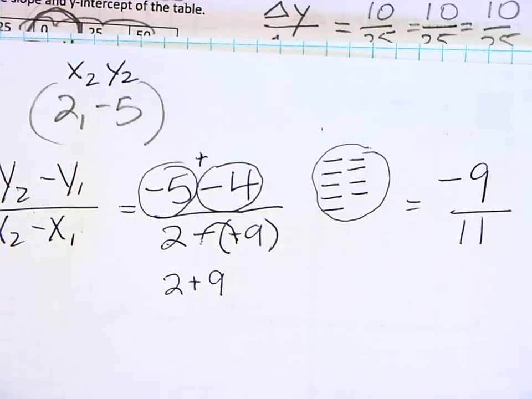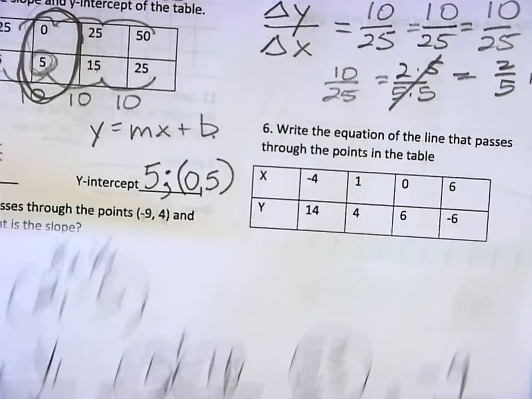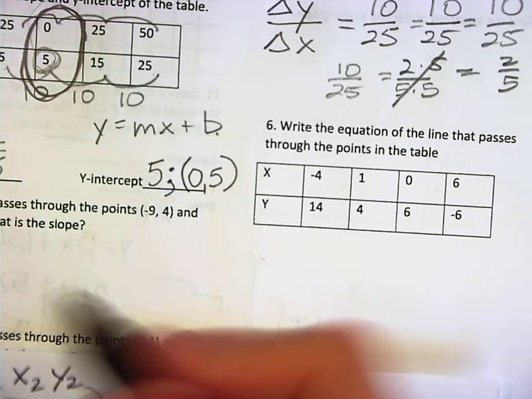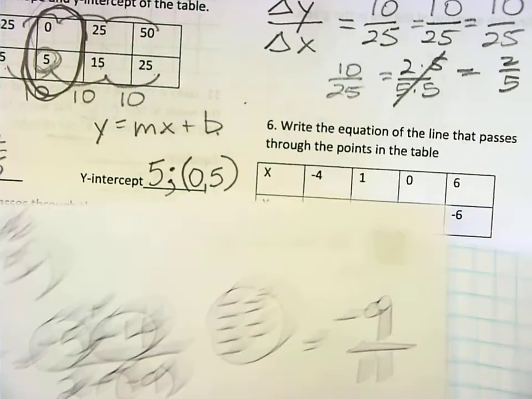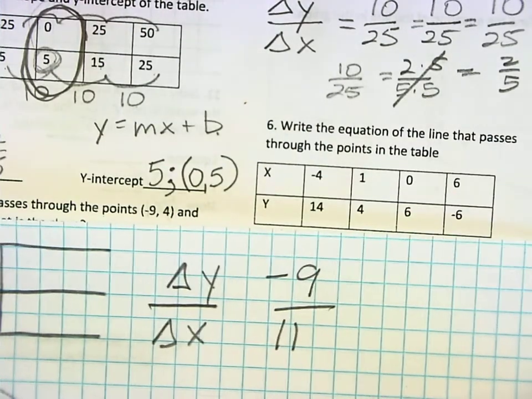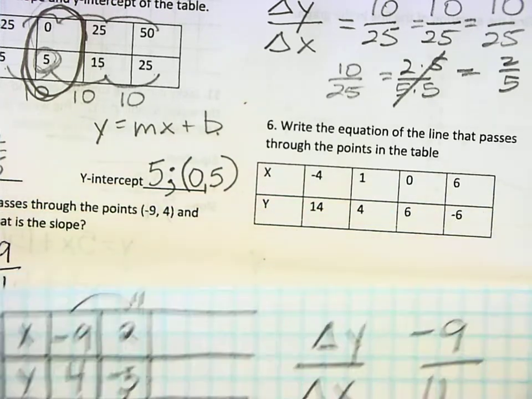And there's the slope of your line. It looks kind of weird, but it's legit. So the slope of the line is -9 over 11. And that's exactly the same answer as when we did it using the change in y and the change in x, -9, 11.